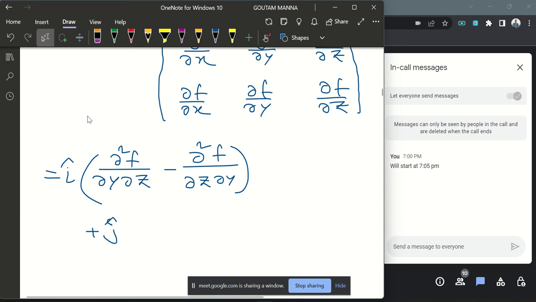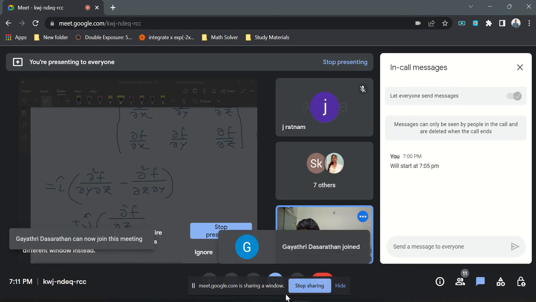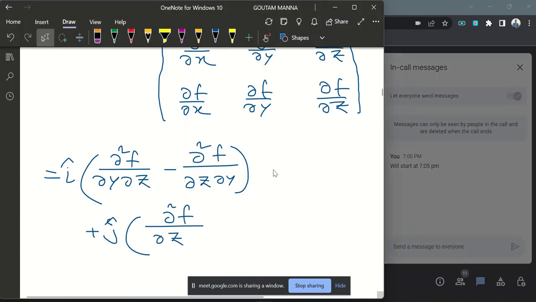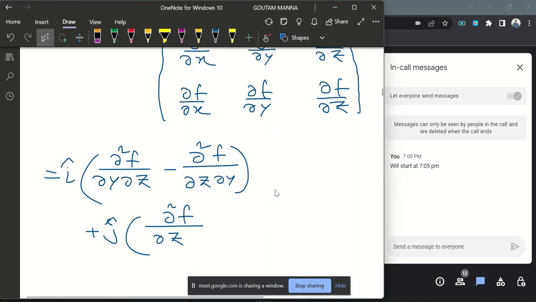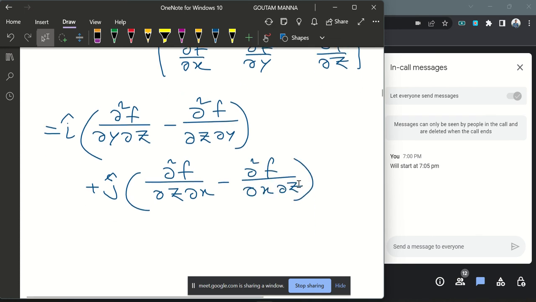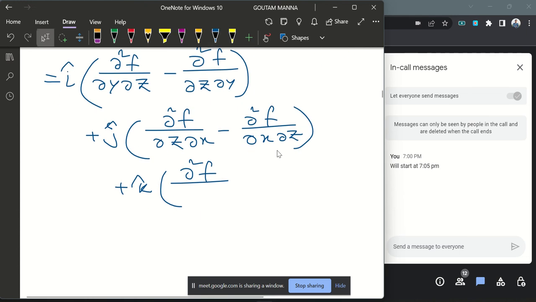plus j hat times (del 2f del z del x minus del 2f del x del z) plus k hat times (del 2f del x del y minus del 2f del y del x).